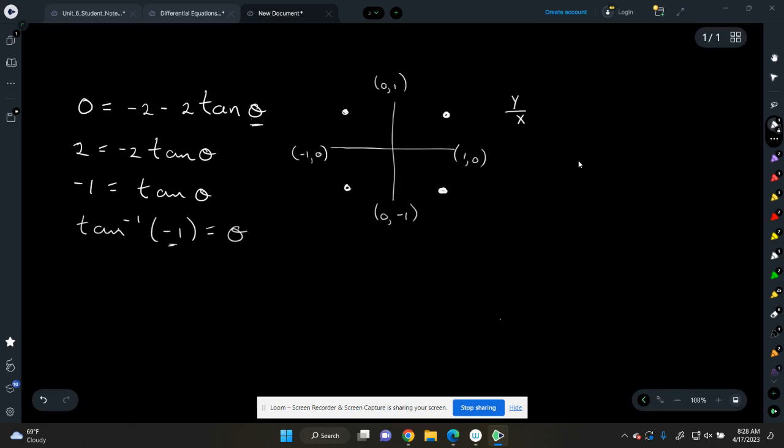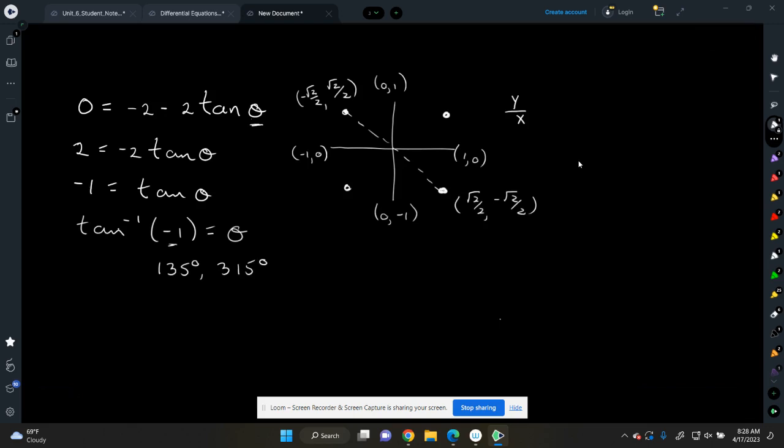So we're looking for y over x, and so they have to be opposite signs. So this one, we have -√2/2, +√2/2. So it would be here, which is 135 degrees, or down here, where we have a positive x and a negative y, which is 315 degrees.